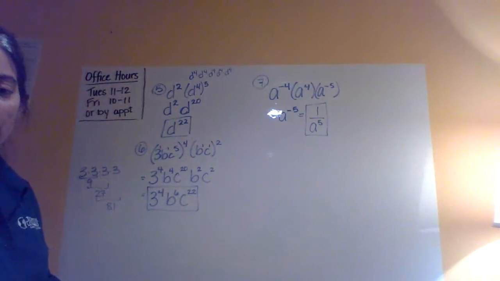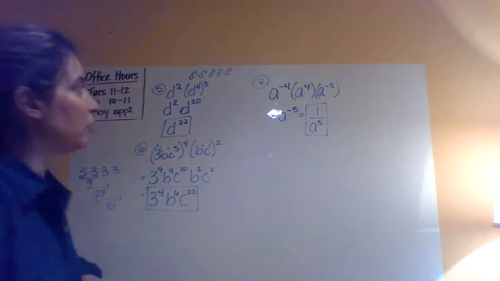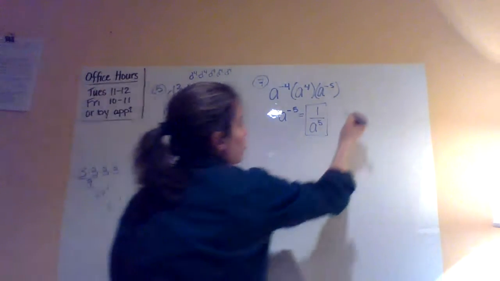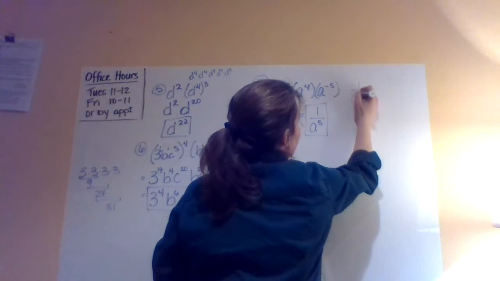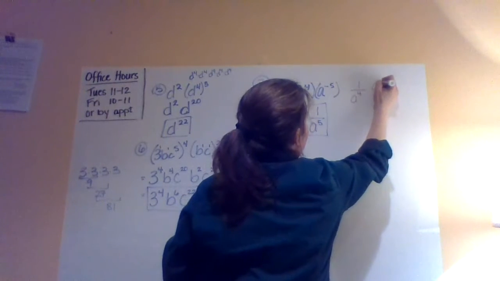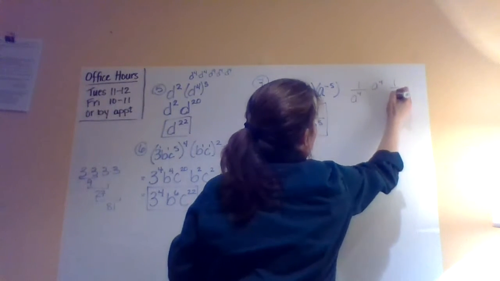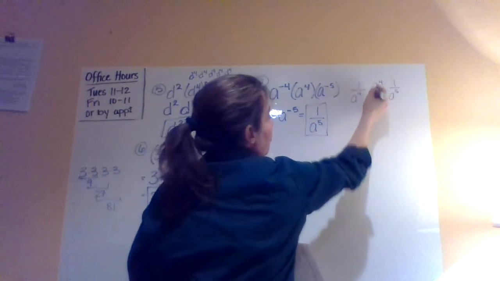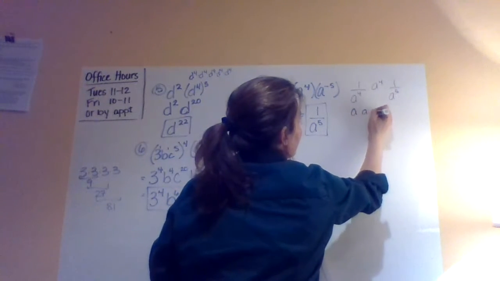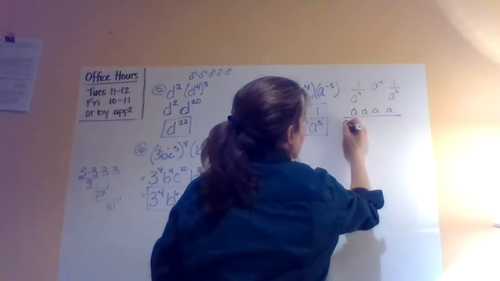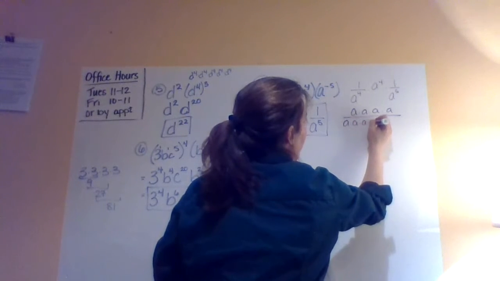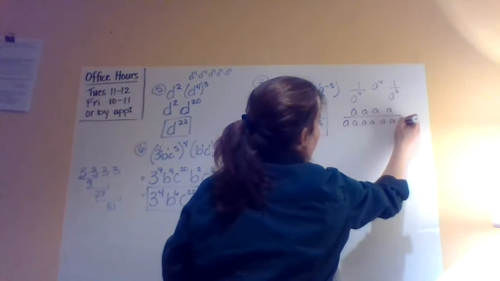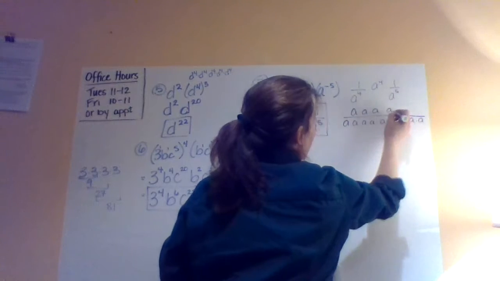Let's just look behind the scenes with this one for just a minute. So what does this mean? Well, a to the negative fourth would really be this, right? Then I have a to the fourth, then I have 1 over a to the fifth. So if you think about what's happening here, I have 4 a's on top, and I have 4, and then 5 more, so 9 altogether on the bottom.